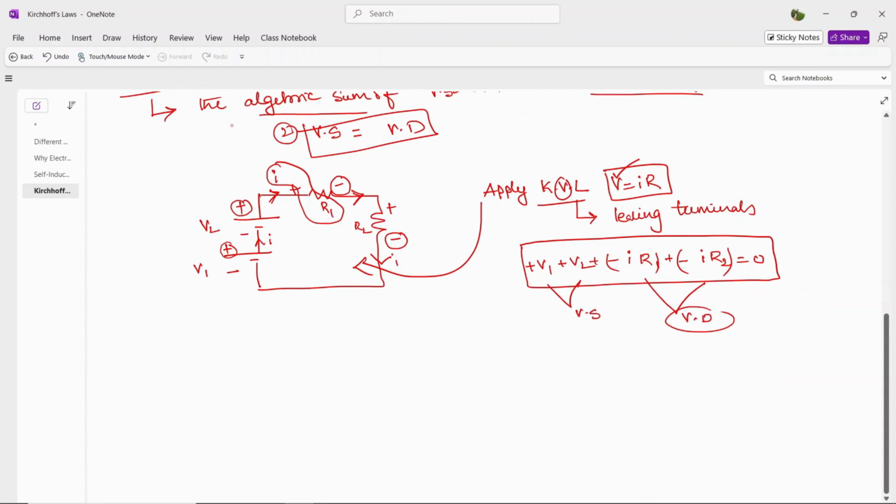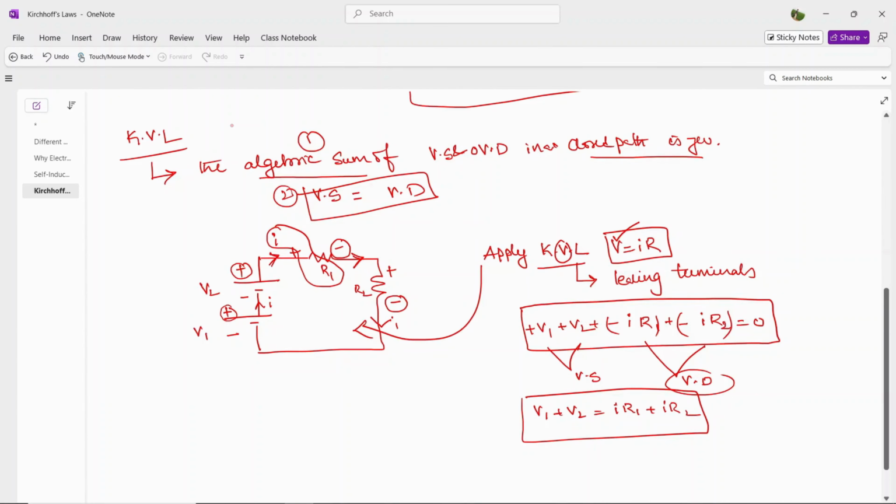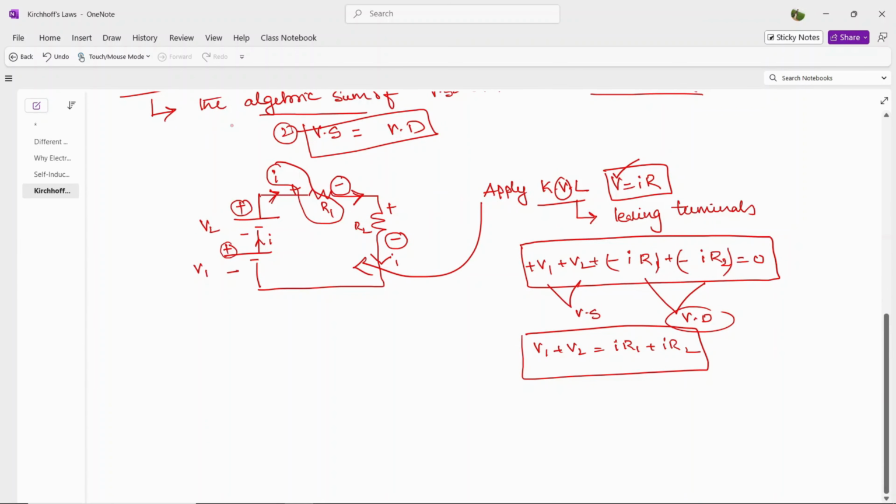This can also be written by shifting the negative terms to the right hand side. V1 plus V2 is equal to I into R1 plus I into R2. So the second definition is: voltage sources is equal to voltage drops in a closed path. What are the voltage sources? V1 and V2 are the voltage sources.